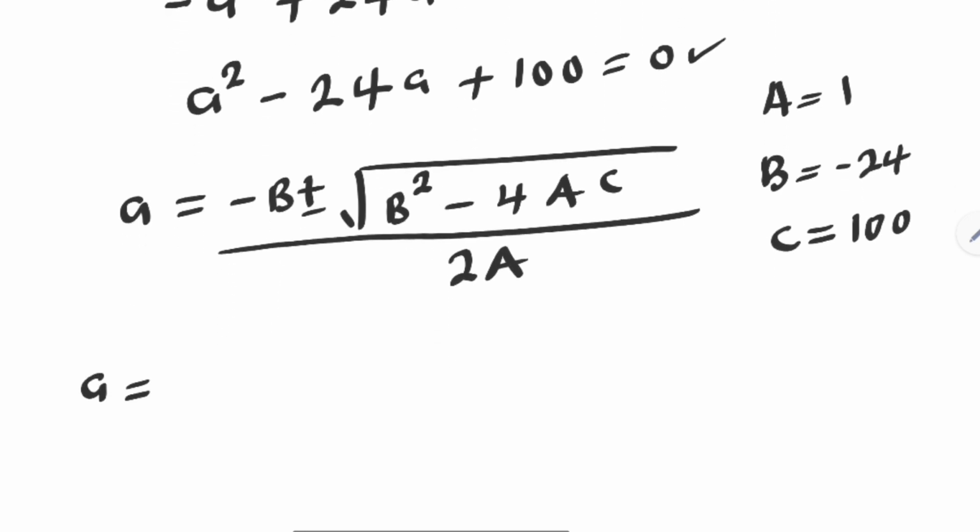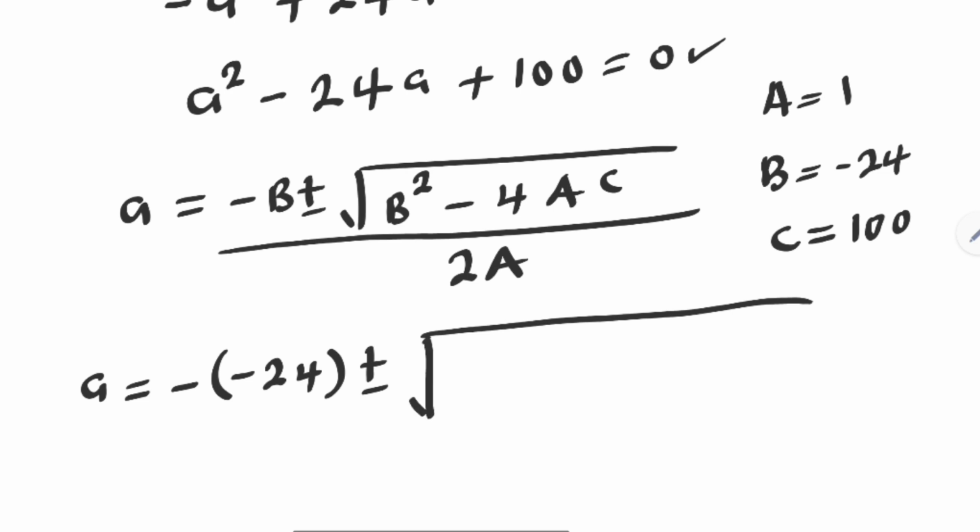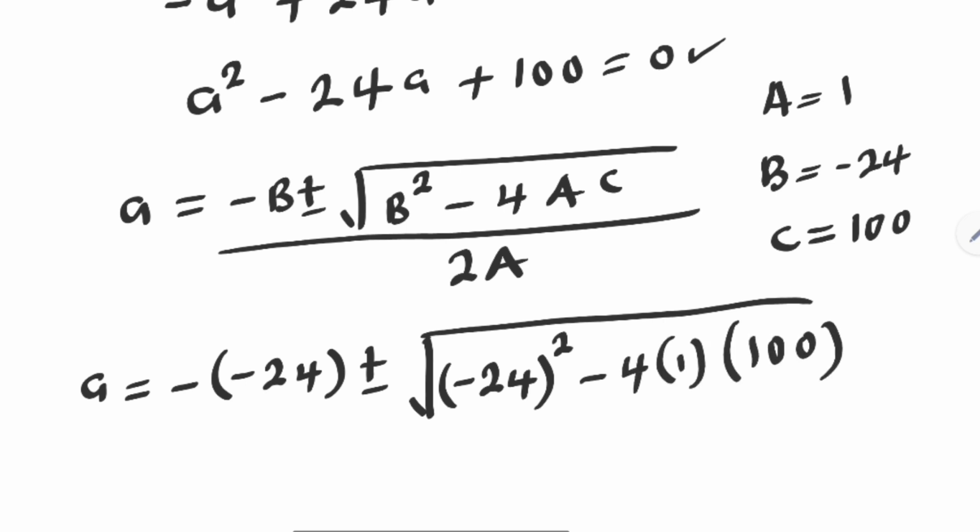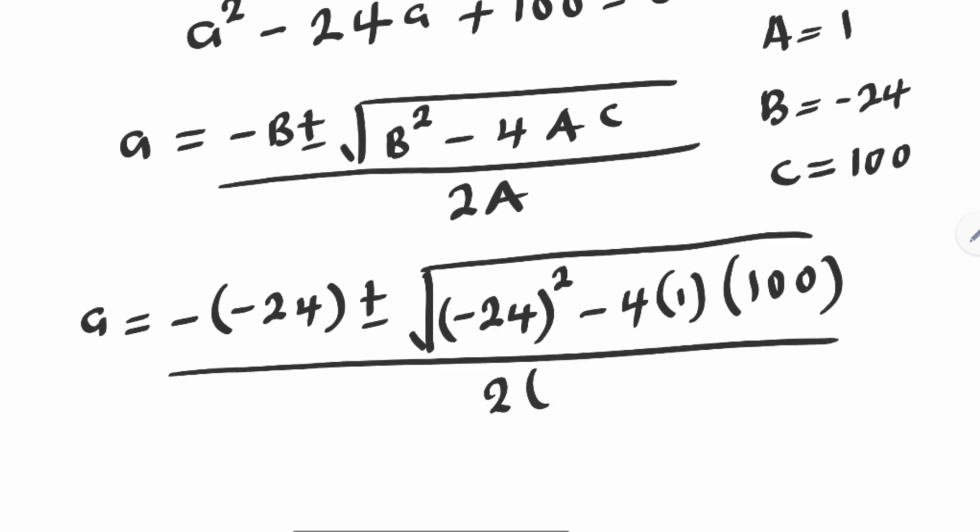A is equal to minus bracket minus 24 plus or minus square root of minus 24 square minus 4 multiplied by 1 multiplied by 100, divided by 2 multiplied by 1.